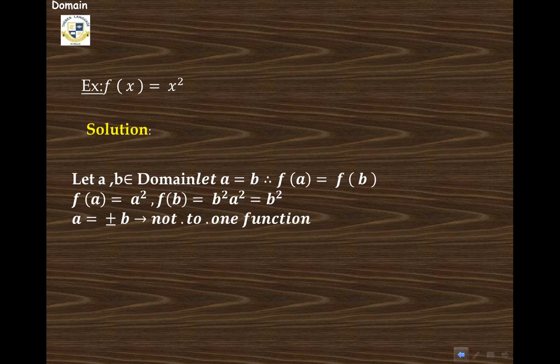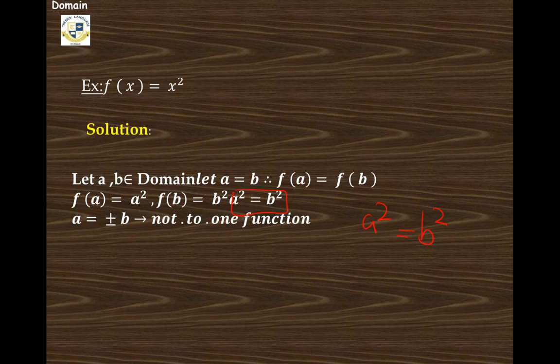Let f of a equal f of b. F of a equals a power 2, f of b equals b power 2. Therefore a squared equals b squared.